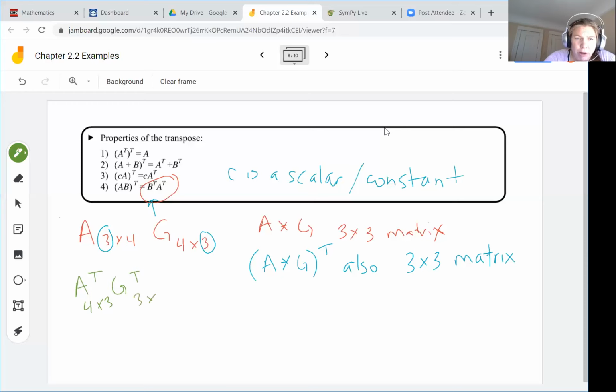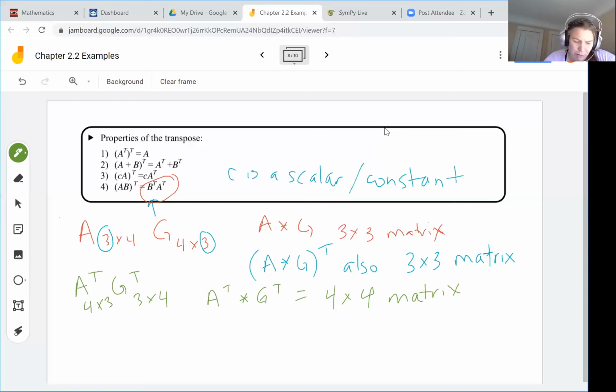So their product, A transpose times G transpose, is going to be a 4x4 matrix. So that's not the right dimension match that we're going for, right? If we've got A times G, and then we're transposing that, that should also be a 3x3 matrix.